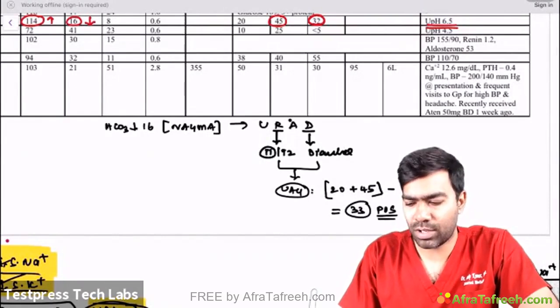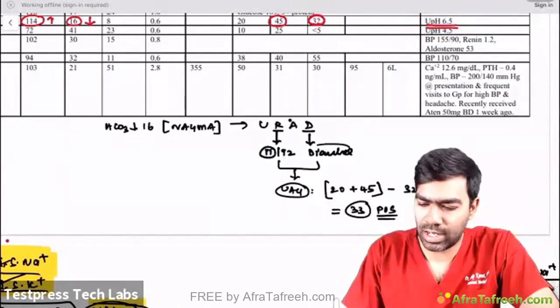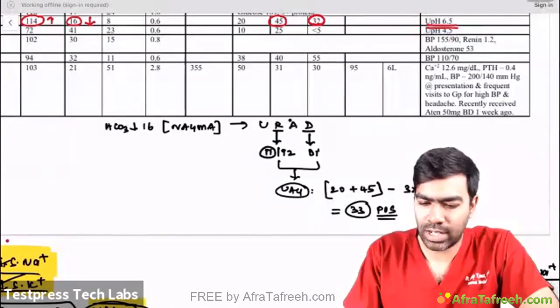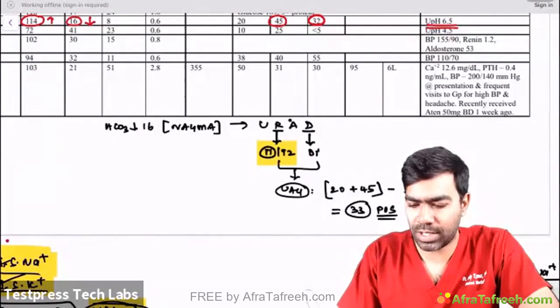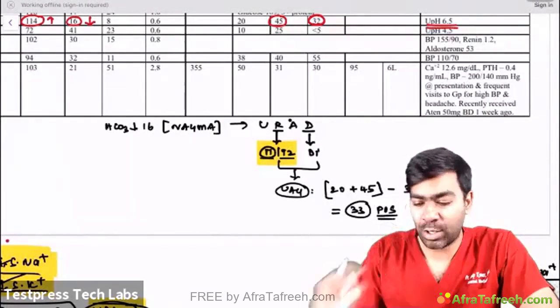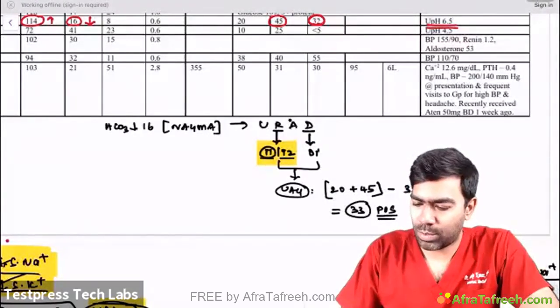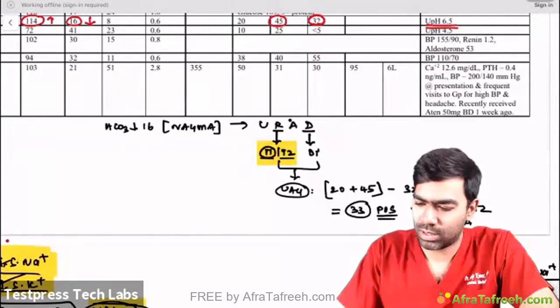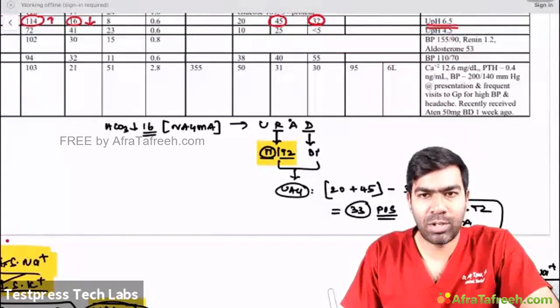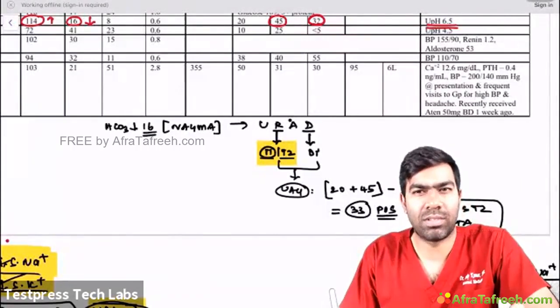If it's a positive urinary anion gap, you think about a GIT cause or a renal cause here. Definitely I'm thinking about a renal cause here. It could be either a type 1 or a type 2 renal tubular acidosis. So because it's positive, now my diagnosis is type 1 versus type 2 renal tubular acidosis. So seeing the bicarbonate, it looks like probably it's a type 2 RTA because it is 12 to 20.